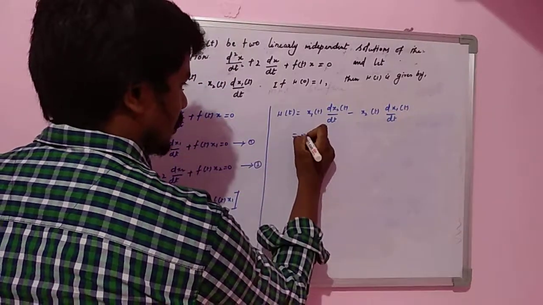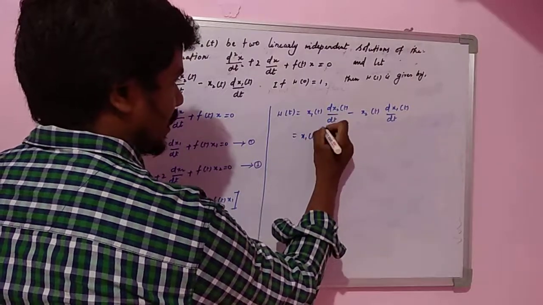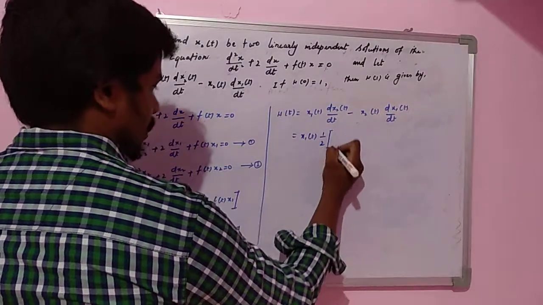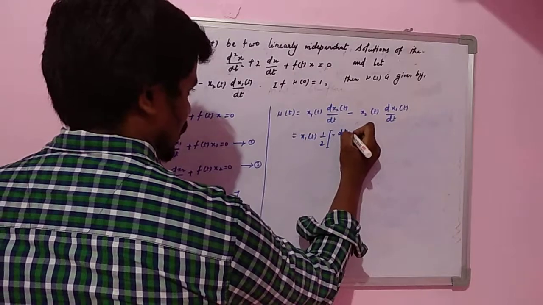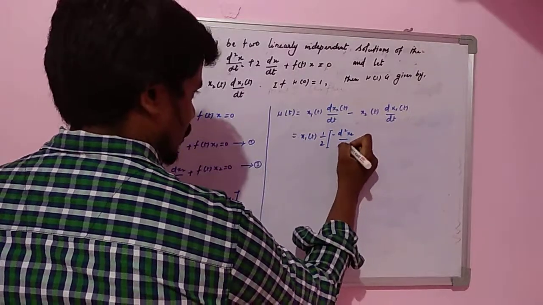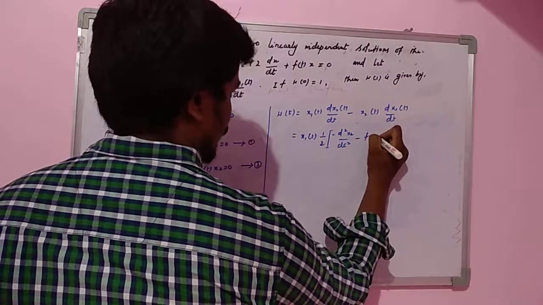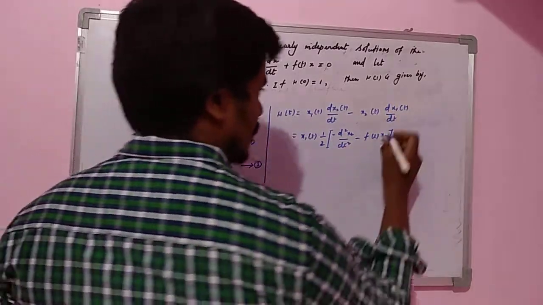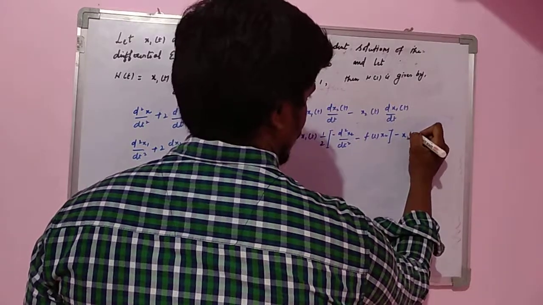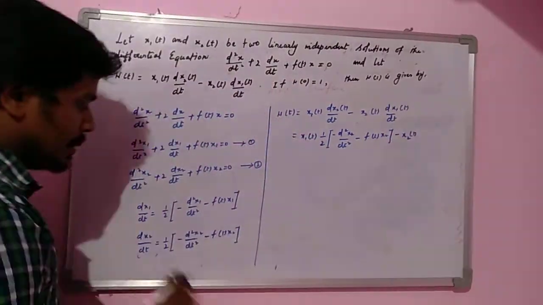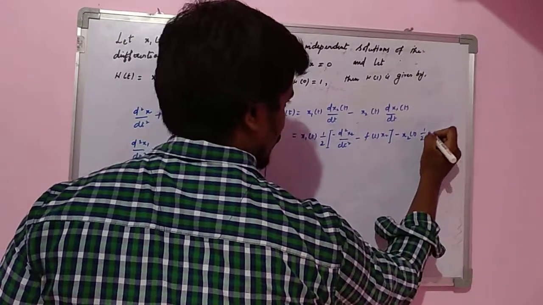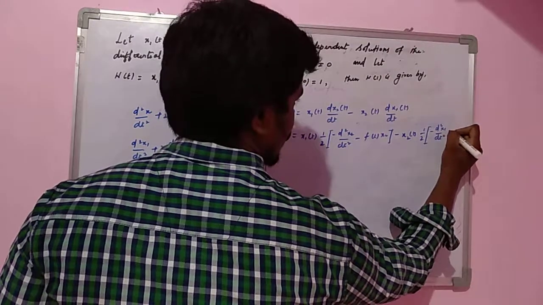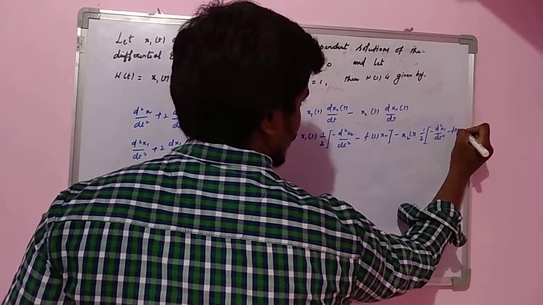Now substitute here: for x1(t), dx2/dt is 1/2 times minus d²x2/dt² minus f(t)x2, minus x2(t) times dx1/dt, which from the equation is 1/2 times minus d²x1/dt² minus f(t)x1.